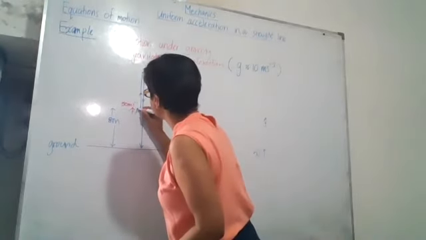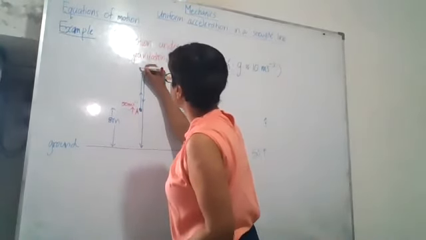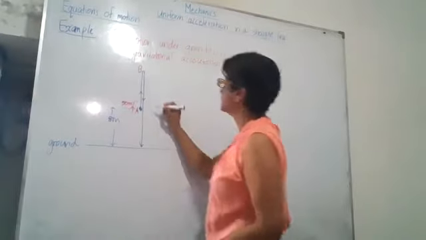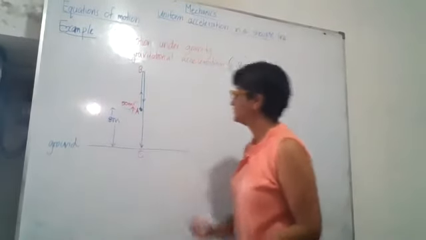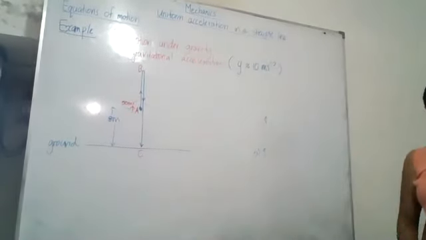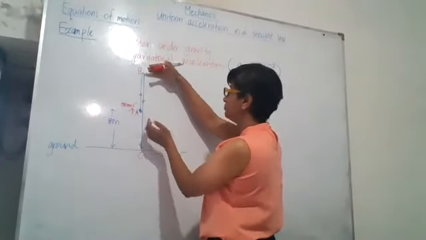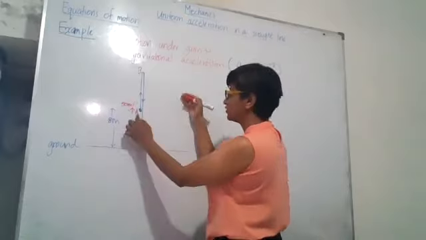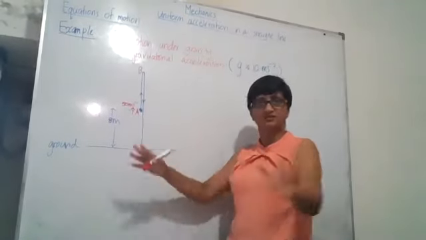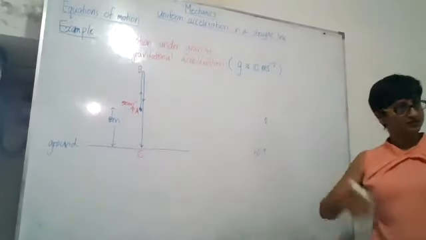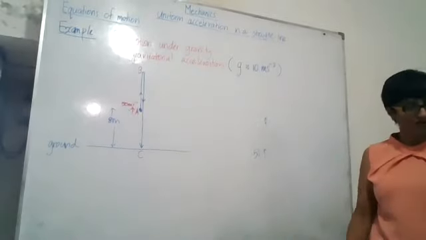Let's label this as A, the highest point as B, and maybe here C. So if you want, you can consider the A to B motion, or the B to C motion, or the full motion A to C at once. These are different options you have, depending on what they are asking.